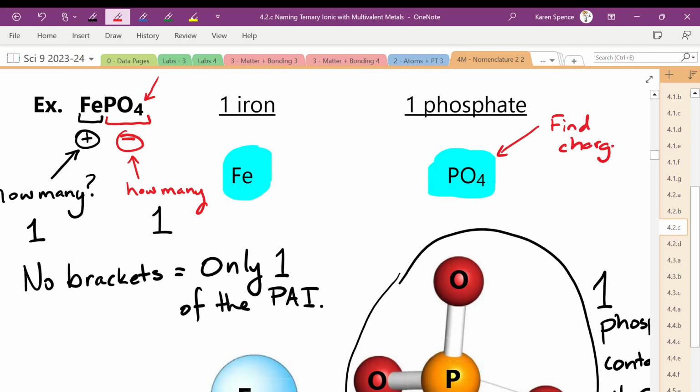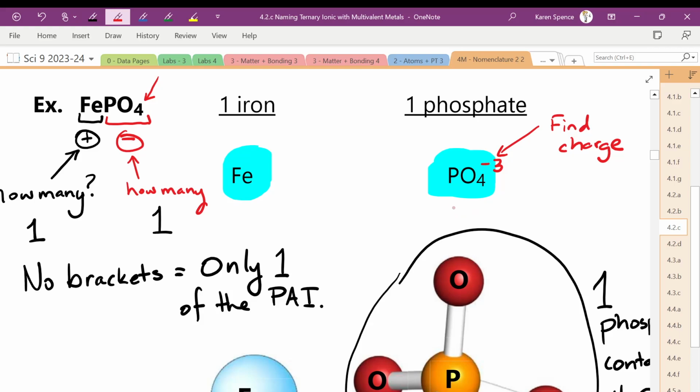Where would you find the charge of PO4? On your sheet. So go look up the charge of PO4. What is the charge of PO4? -3.